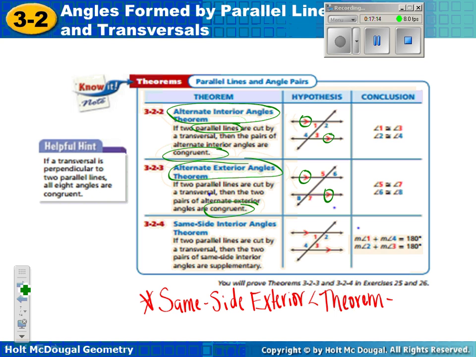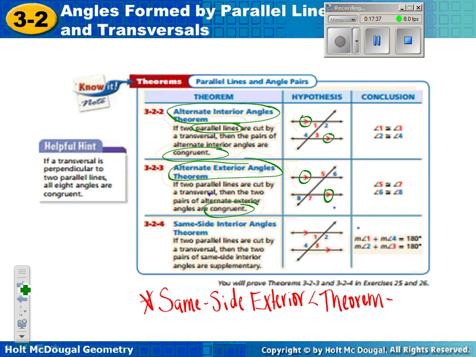What other kinds of angles are congruent? Alternate exterior angles. What else? What's the first one we talked about today? Corresponding angles.